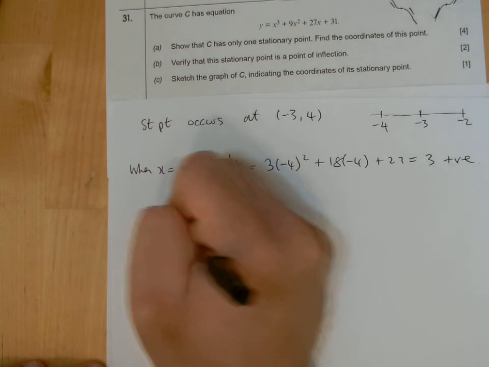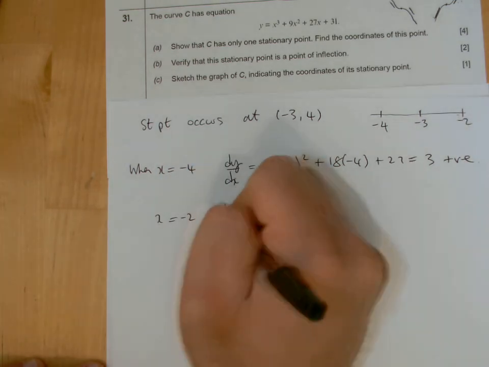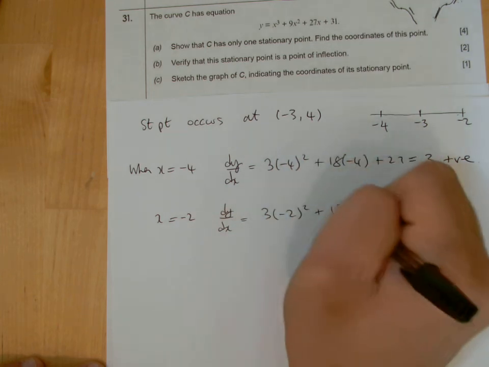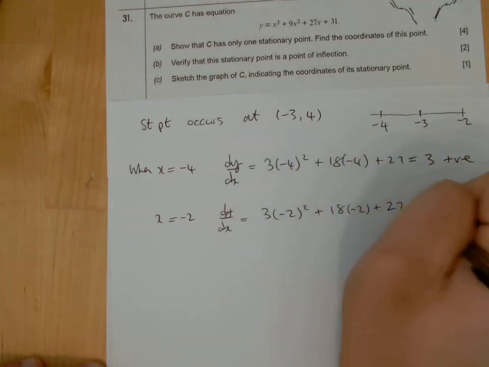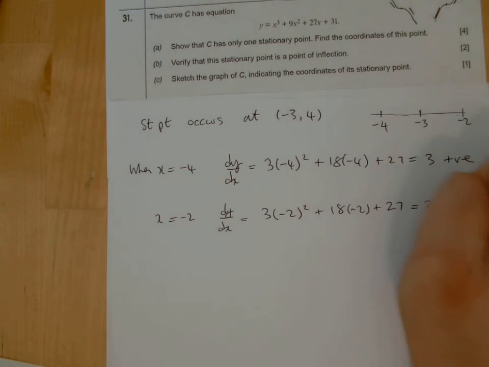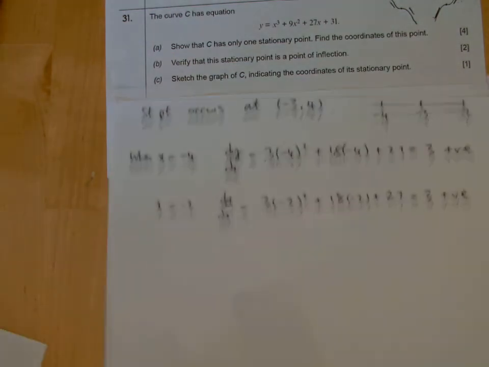When x is minus 2, on the other side, dy/dx is equal to, so we work that out, and that also comes out to be 3. So notice the gradient is the same on both sides of the stationary point.